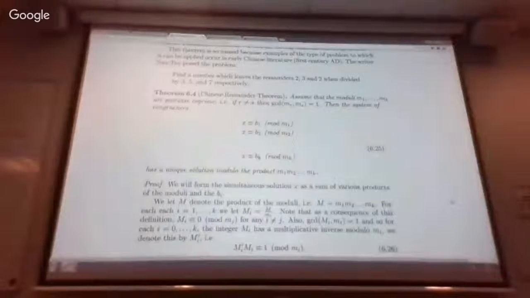If you take any two of these different prime powers, the primes are different, so there's no common divisor between them apart from one. So these are pairwise coprime. If you take any set of solutions to these, the Chinese remainder theorem generates a simultaneous solution modulo the product of all those, i.e. modulo n.